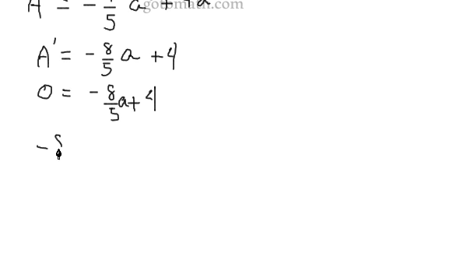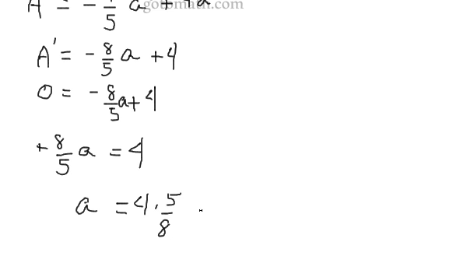Alright, so negative 8, or actually positive 8/5 a is equal to 4. And we multiply both sides by 5/8. So a is equal to 4 times 5/8. And then we can simplify this down even more.